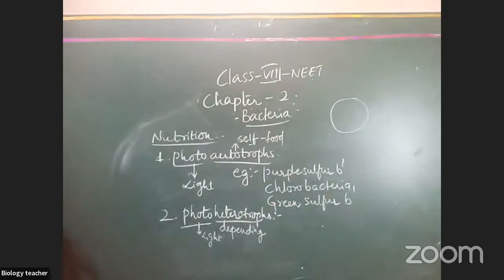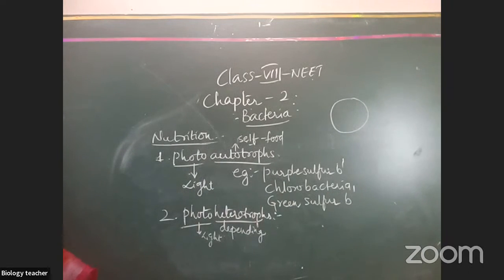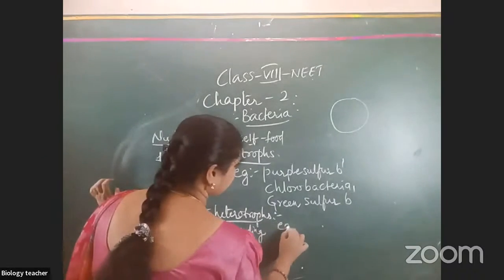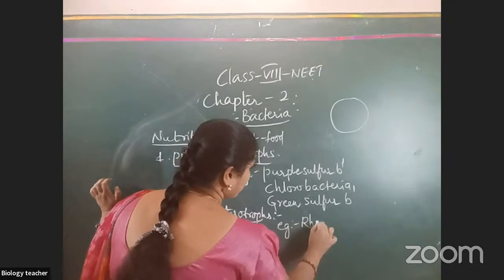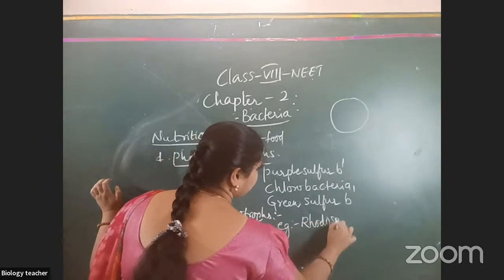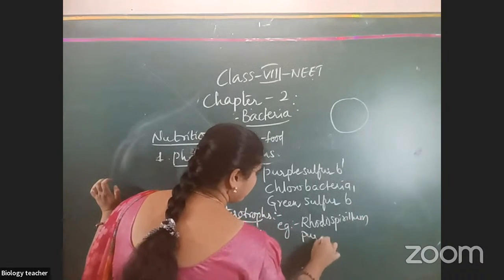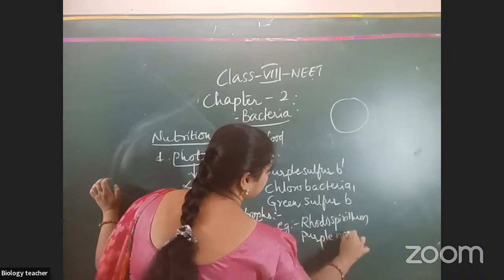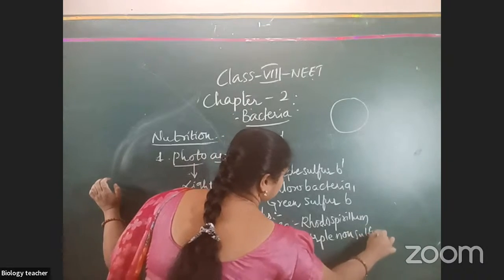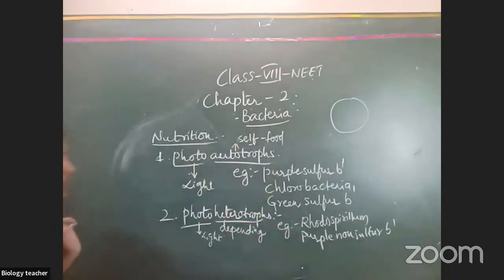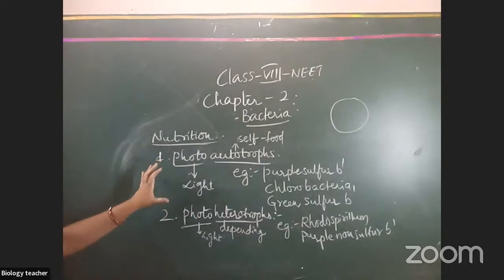What are the examples of these bacteria? Let us write. Rhodospirillum, purple non-sulfur bacteria. This is the difference between photoautotrophs and photoheterotrophs.